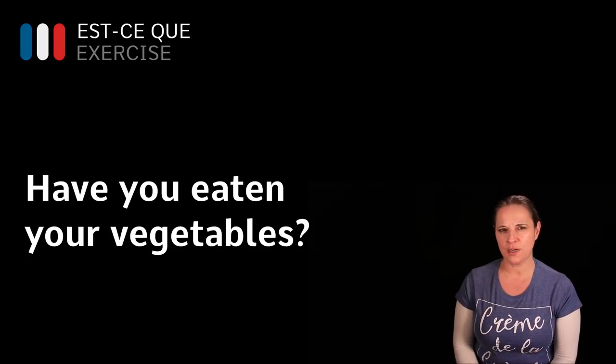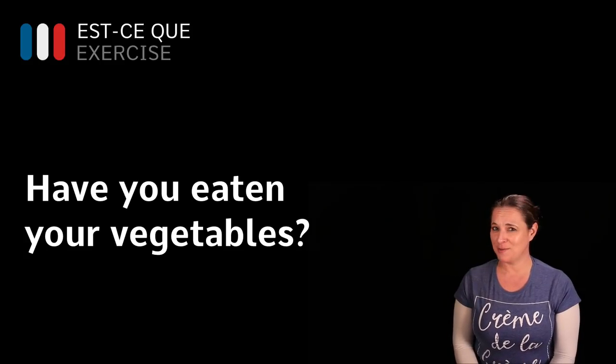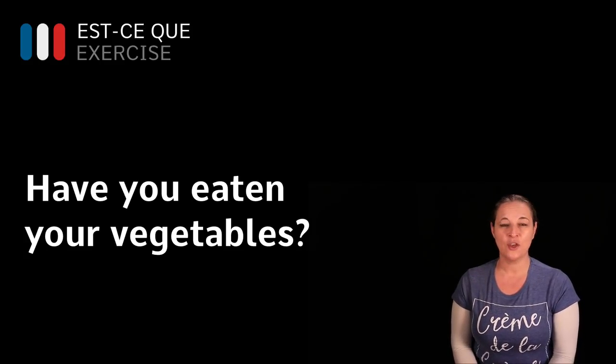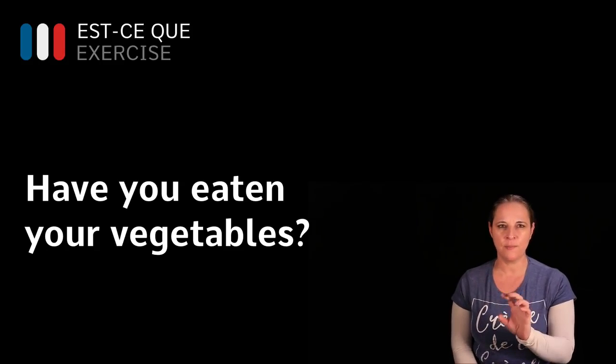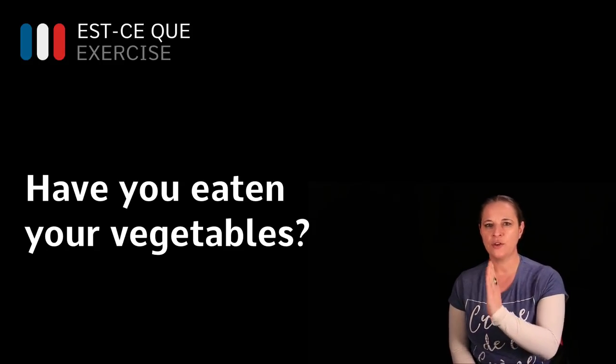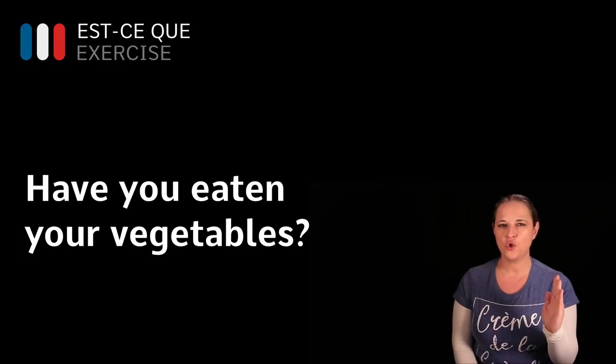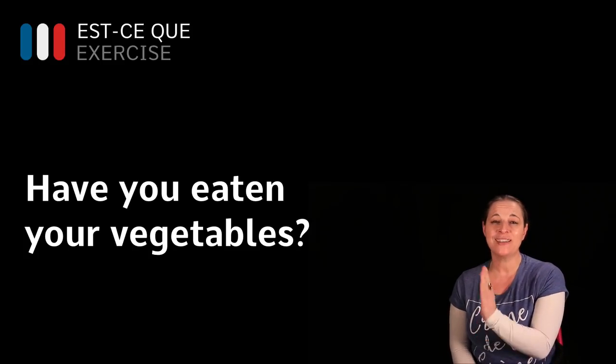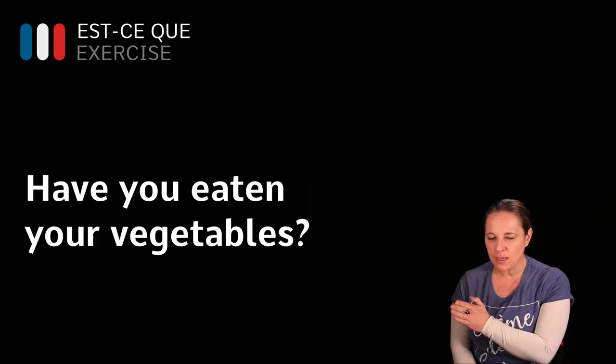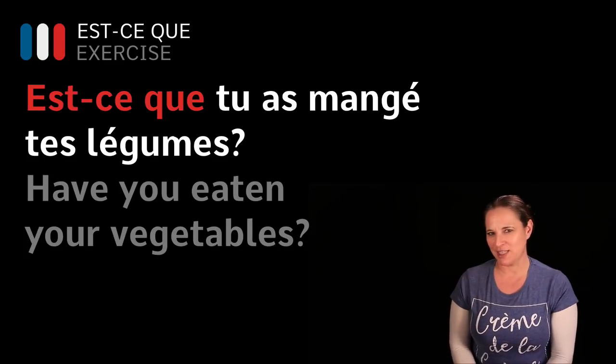Okay, can you do this one? Have you eaten your vegetables? Have you eaten your vegetables? Now, put this into the right order. You have eaten your vegetables. Tu as mangé tes légumes. Est-ce que tu as mangé tes légumes? Should be the right answer.